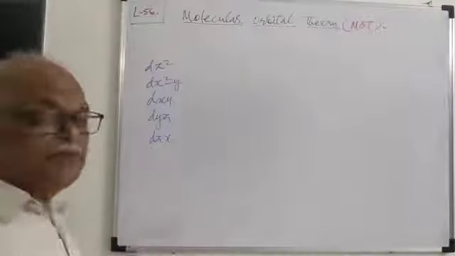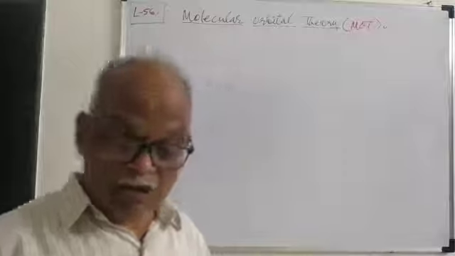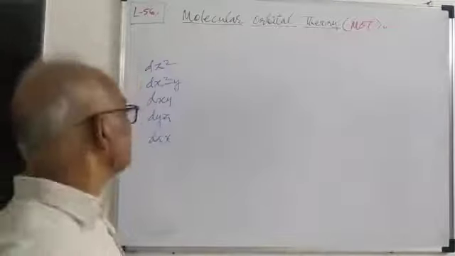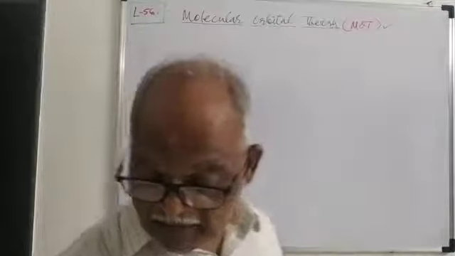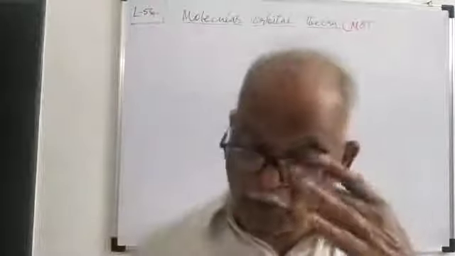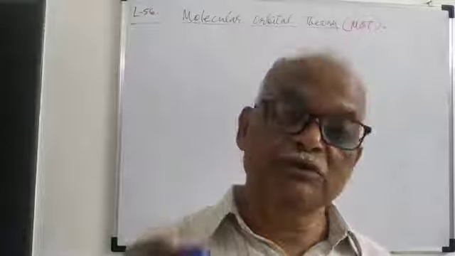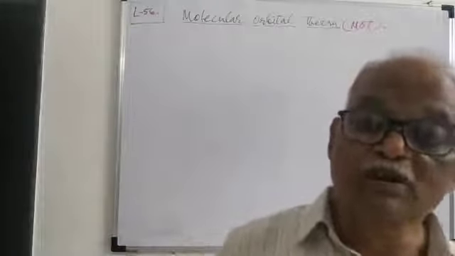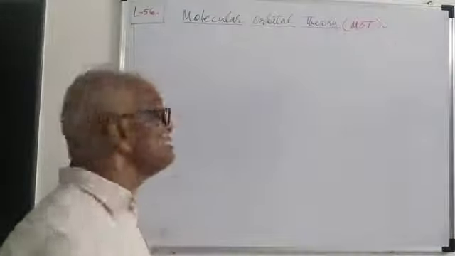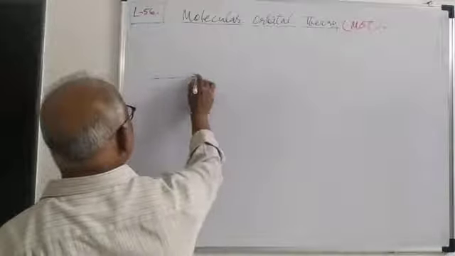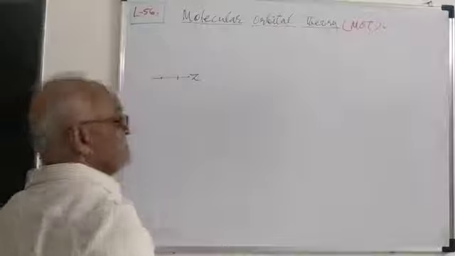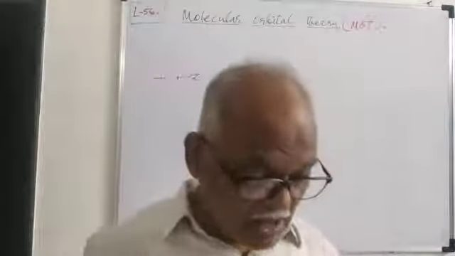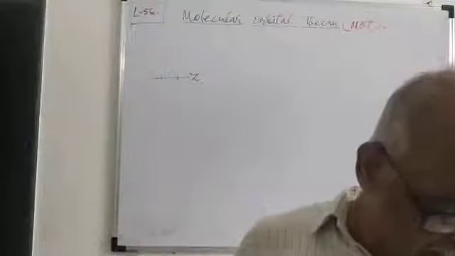So these are various d orbitals present in the set. Now another thing is that we should not forget that we are considering always the z axis as internuclear axis. Z axis is used here always as internuclear axis.